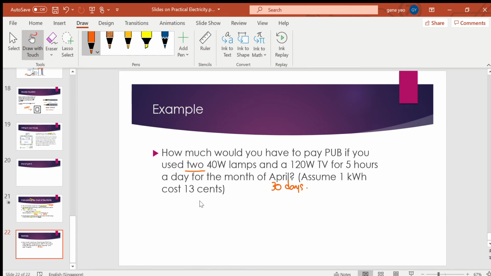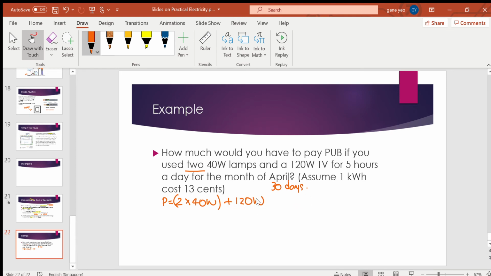So first step is I've got to calculate the energy. And remember, the energy is in kilowatt hour. So let's first see how much is the power. I've got two lamps, so 2 times 40 watts, and I've got a 120 watt TV.